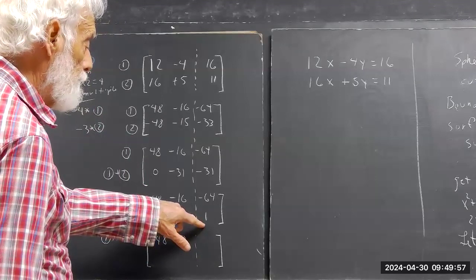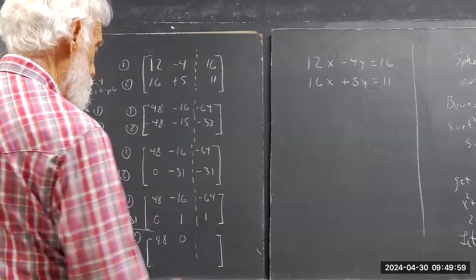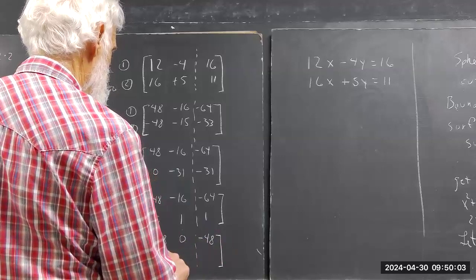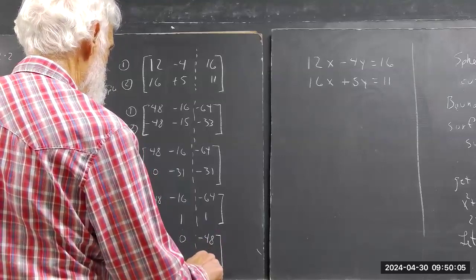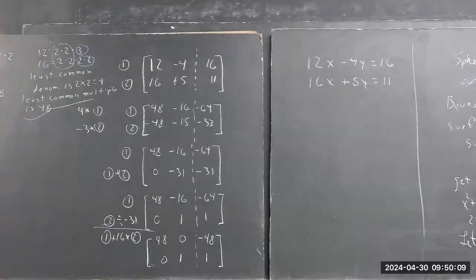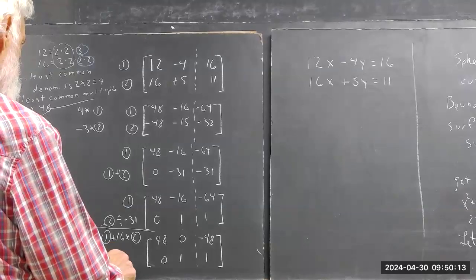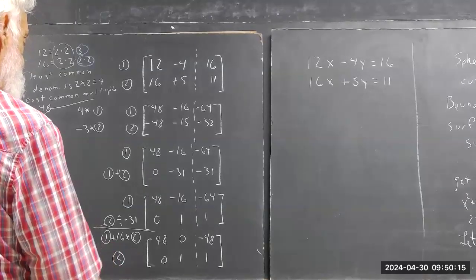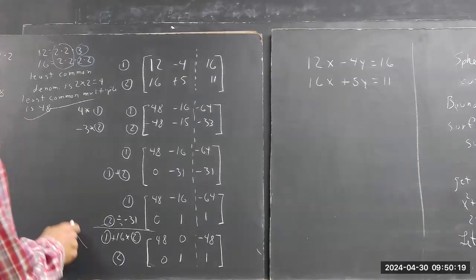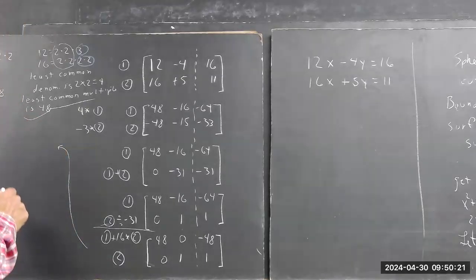And 16 times one is 16. I add that to negative 64. I get negative 48. Now, there we have it.